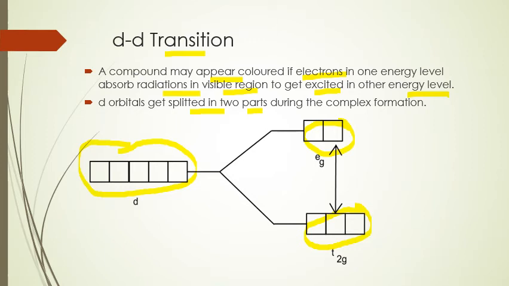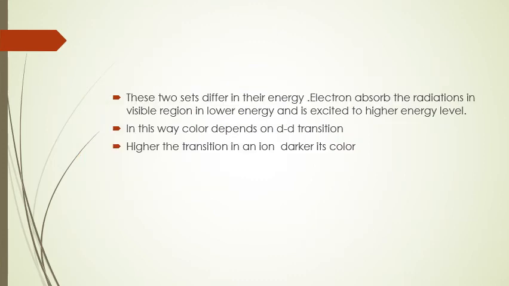When an electron absorbs radiation in the visible region, it transits from the lower level t2g to eg, which is responsible for the compound appearing colored. These possible transitions are found in the transition elements. These two sets differ in their energy.